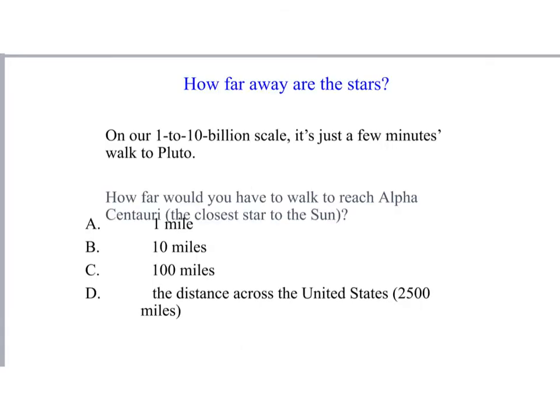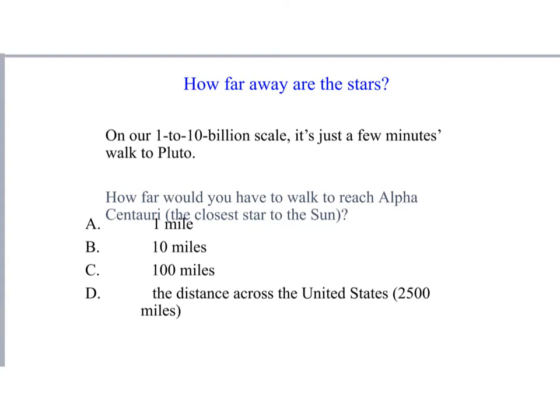Another thing, you probably now wonder how far away the stars are, and would that be enough to have a 1 to 10 billion scale? Well, on that scale, it's going to be a few minutes to walk to Pluto from the Sun.